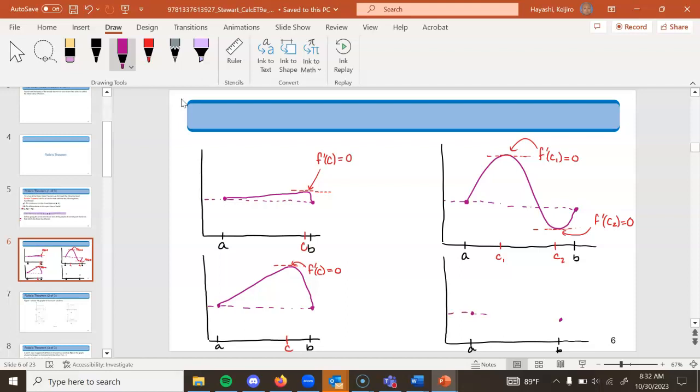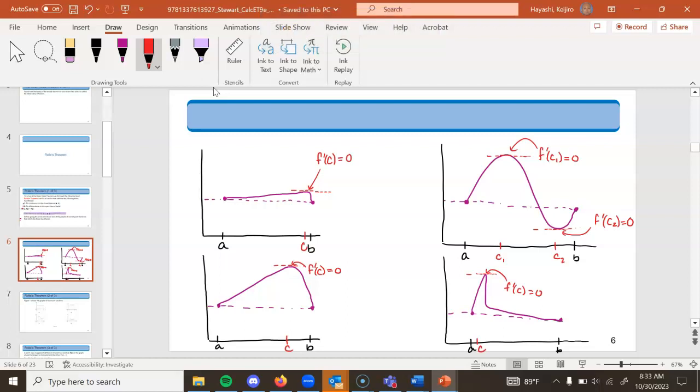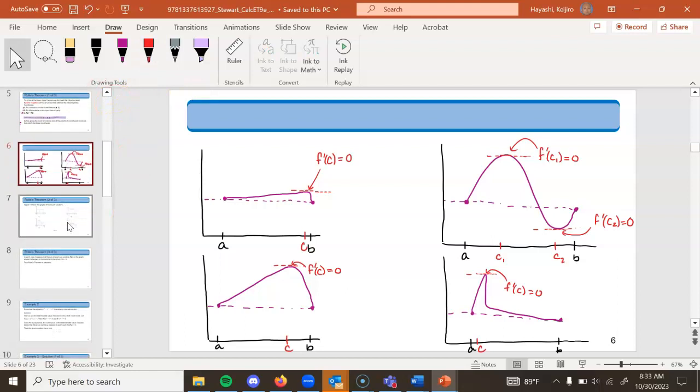It is guaranteed. So obviously the graphs you draw don't have to be these exact 4 graphs, but this will happen no matter what you draw.